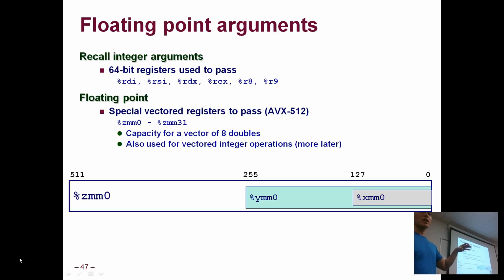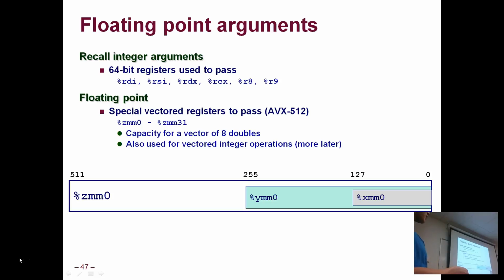Because a lot of our multimedia and scientific computations are single instruction, multiple data, we have these really wide registers for floating point, and these can be used for vectored integer operations as well. So we typically pass floating point operands now using these registers. This is something unique to x86-64. It used to be that floating point arguments got passed in a different register set that's now deprecated.